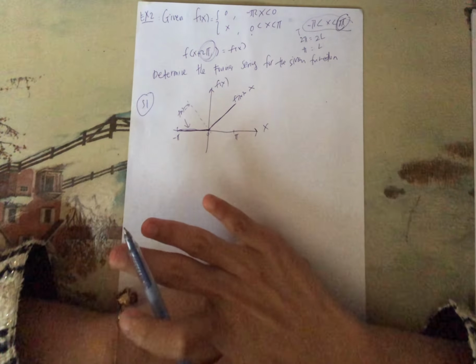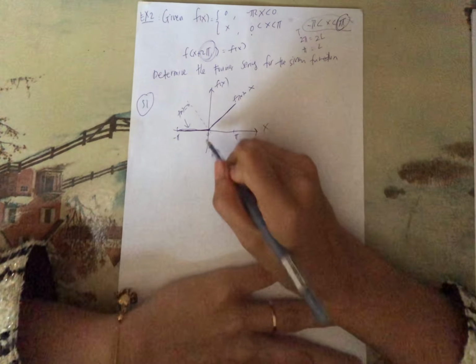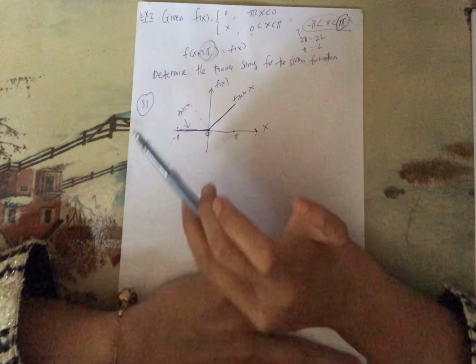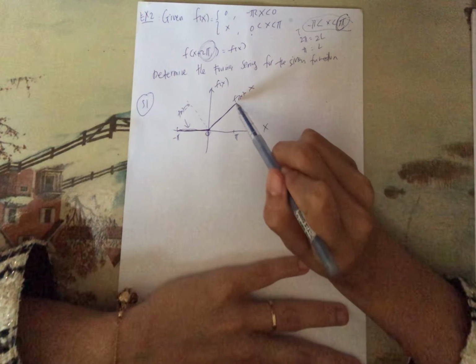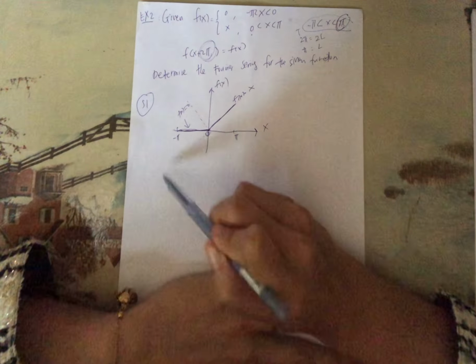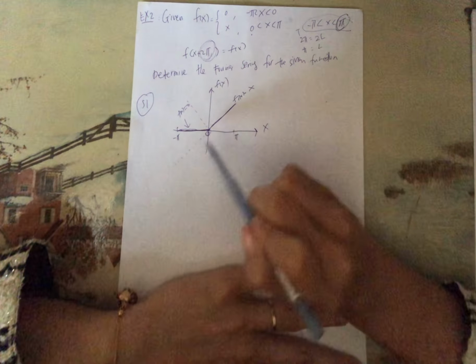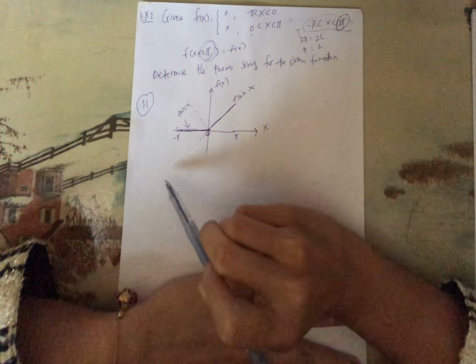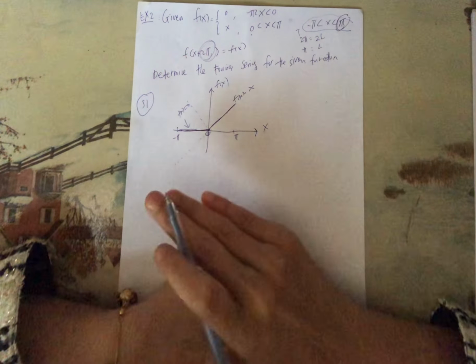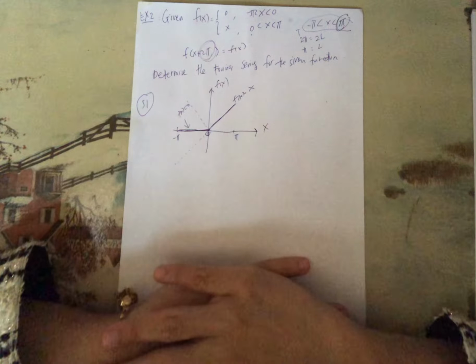How about symmetrical on the origin? This is the origin. If this function is symmetrical on the origin, this line would be reflected this way. But they have no line here, is it? They have no existence of any line here. Therefore, this function is not symmetrical on the origin as well.